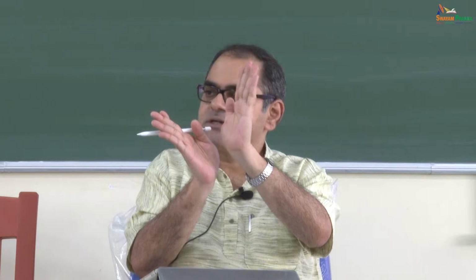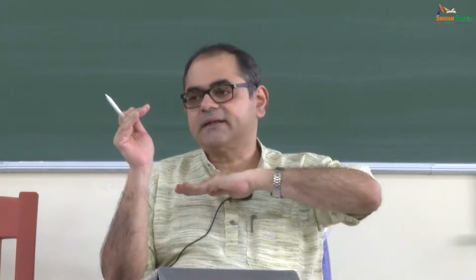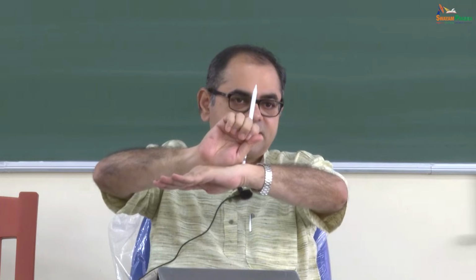And now what happens is this: you tend to study everything with respect to the surface. That means you have to study everything with respect to the tangent plane and the normal to the surface. So what you do is this curvature vector, you break it into two pieces. You resolve it into two pieces, one along the tangent plane direction, the other along the normal to the tangent plane direction.